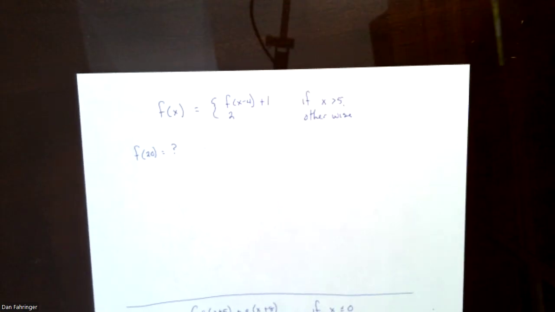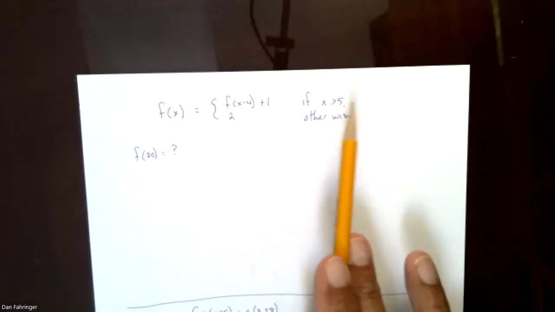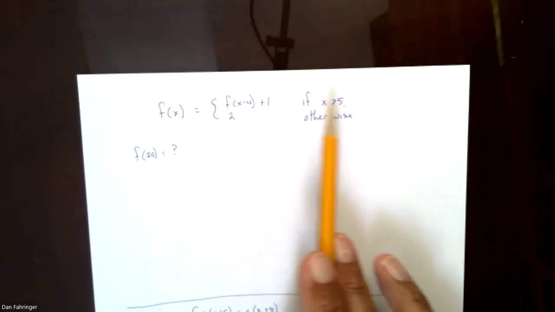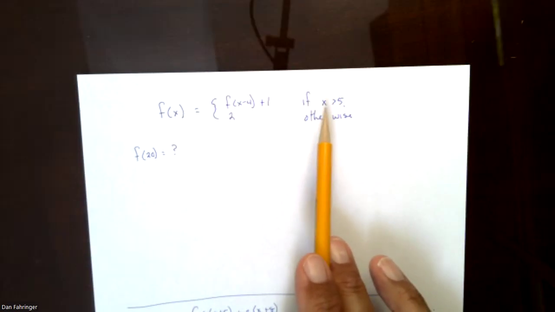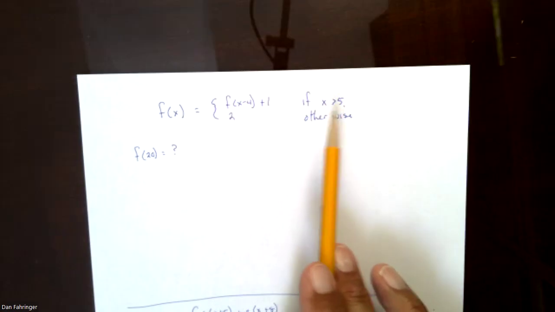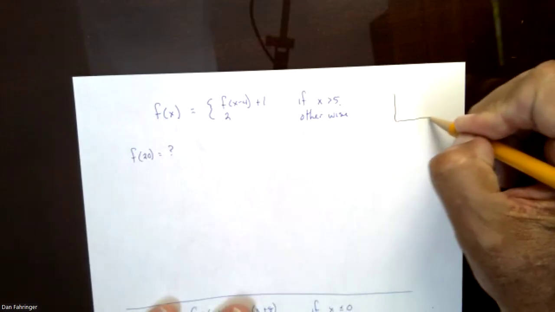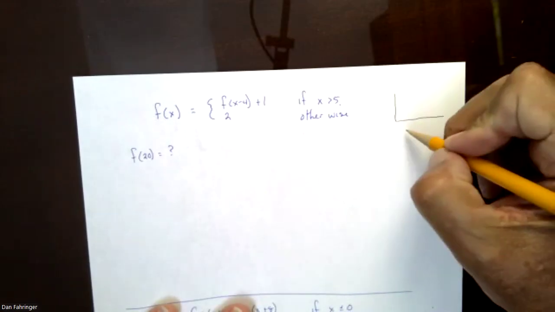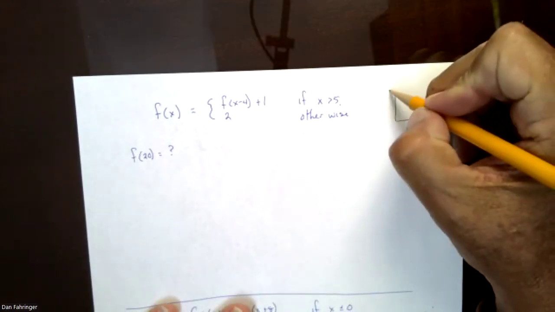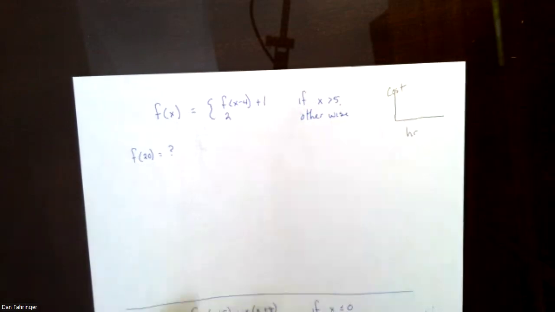So here's a recursive function, and we have a domain, and what's happening during that time span of x. And x's and y's are boring. Yes, everybody, we know x's and y's, but if I did hours down here and cost up here, that might make things a little bit different.